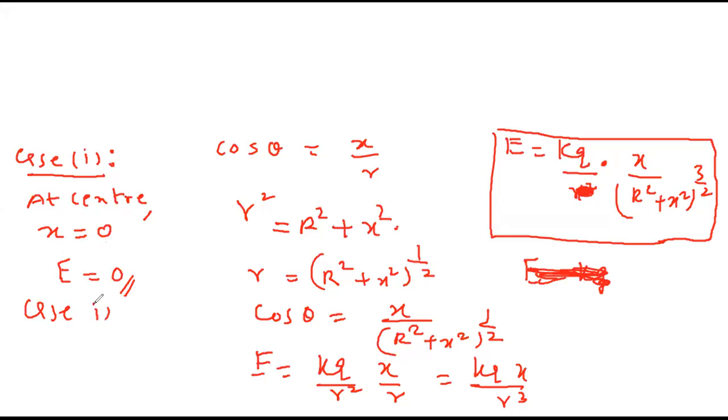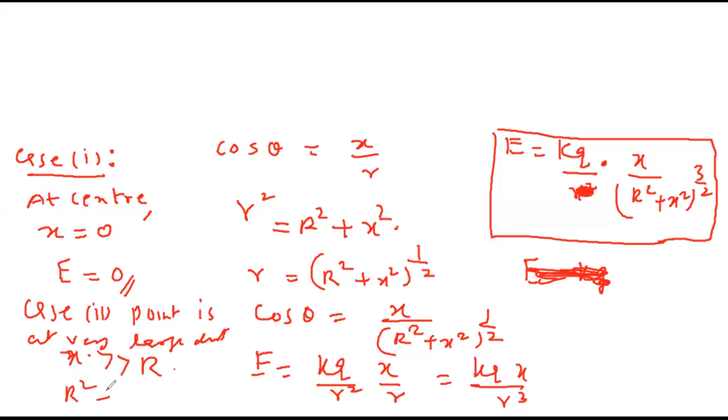Case 2: point is at very large distance on the axis. So x is very large compared to capital R. In this case, R square plus x square raised to 3 by 2 will become x square raised to 3 by 2, because it is very large, only x cube will be left.